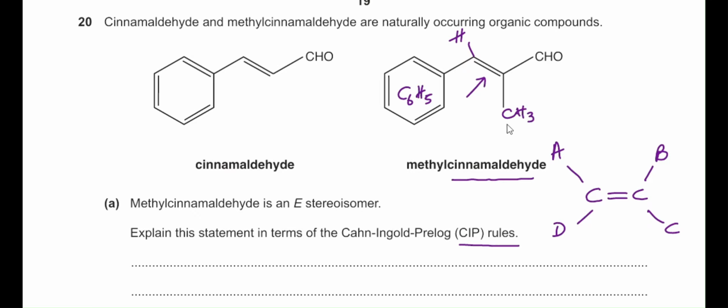It has got 6 plus 3, only 9 total atomic number, whereas this is 6 plus 1 plus 8, 15, and C6H5 of course has got more atomic number than these. Hence C6H5 as well as CHO are arranged diagonally, whereas CH3 and H are arranged on the other side. This is what we have to bring out in our answer.